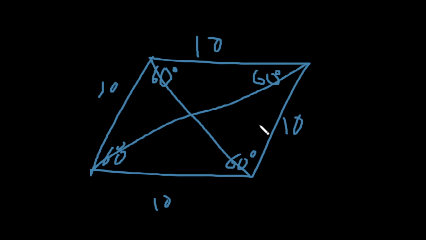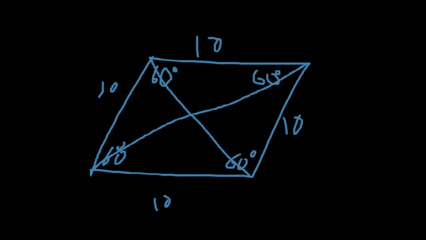Let's see. So this is a right angle, right triangle, and using this hypotenuse, hold on.